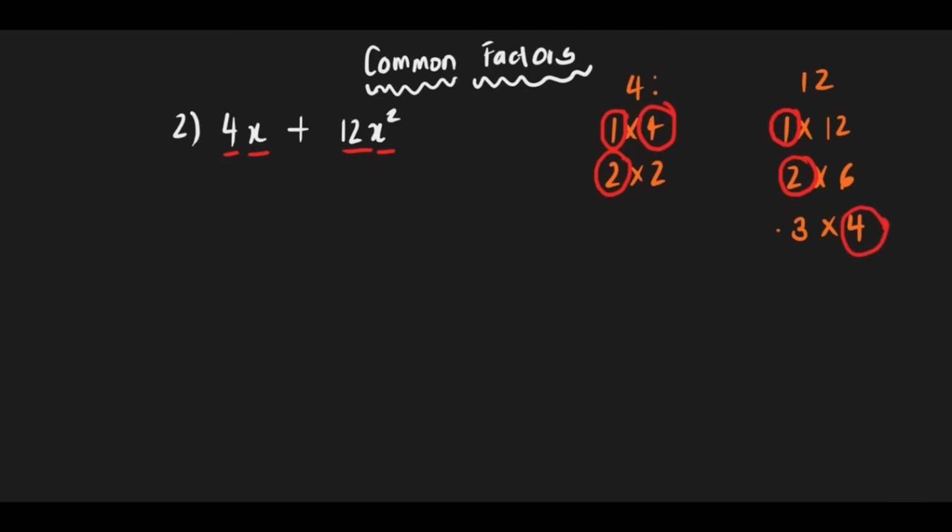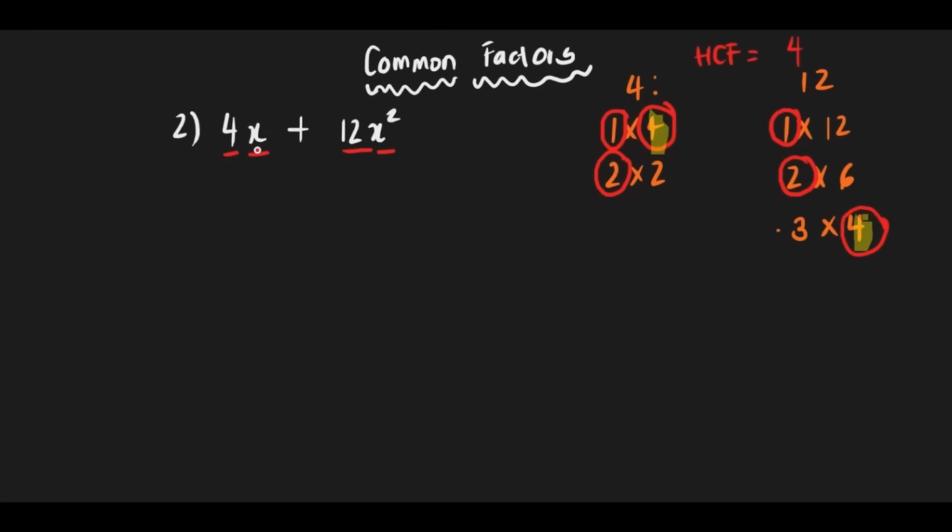Then now we need to find the highest common factor, and the highest common factor is the one with the biggest number. From the circled ones, the one that's largest is our highest common factor. So we see that 4 is our highest common factor. So we're done dealing with the coefficients, right?